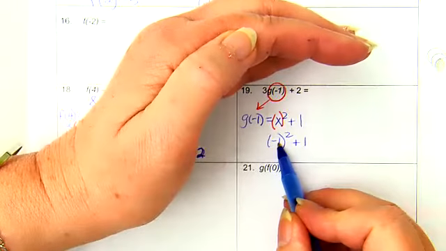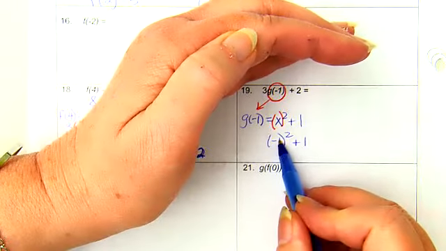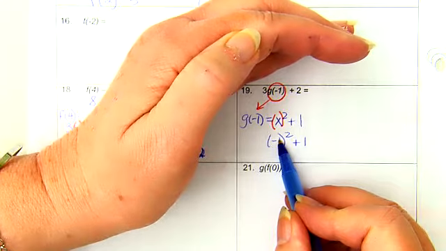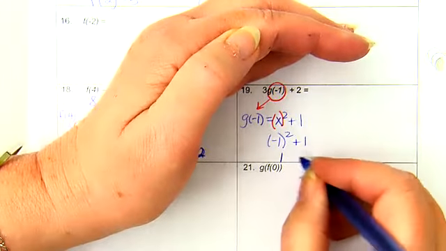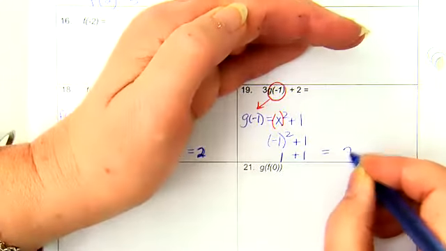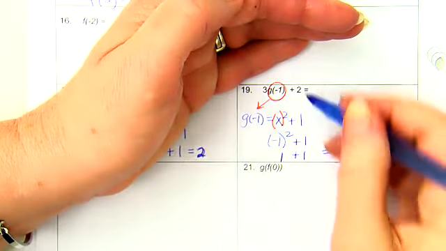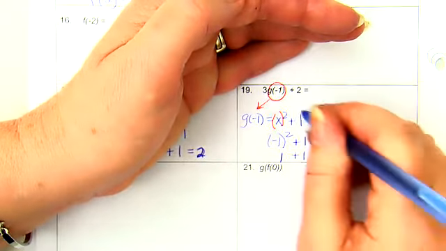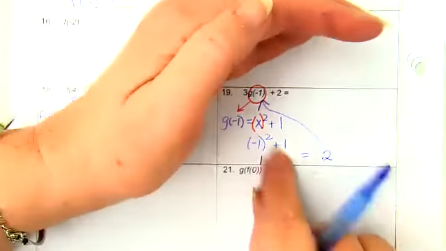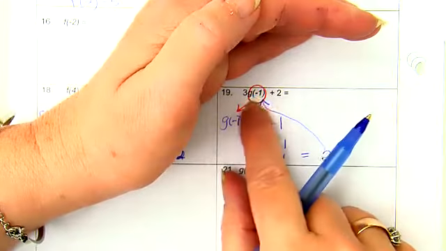Now when you go -1 times -1, you end up with, is it a positive or a negative? Positive 1 plus 1. This one is 2. So the 2 goes back in here. So this part is 2.